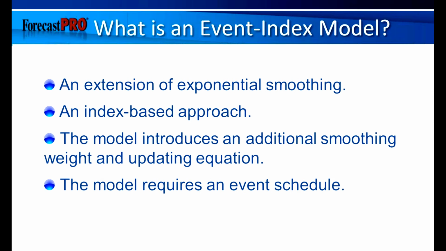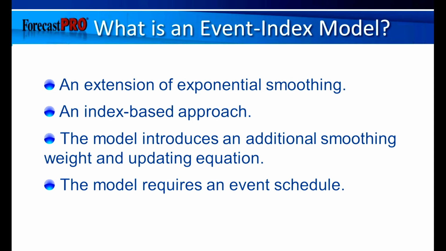So another key part of an event index model is an event schedule. So the model requires an event schedule. As we talked about earlier, an event index model is a customized approach, which means it involves a bit more work than an automated model. In this case, creating the event schedule really is the bulk of that work.